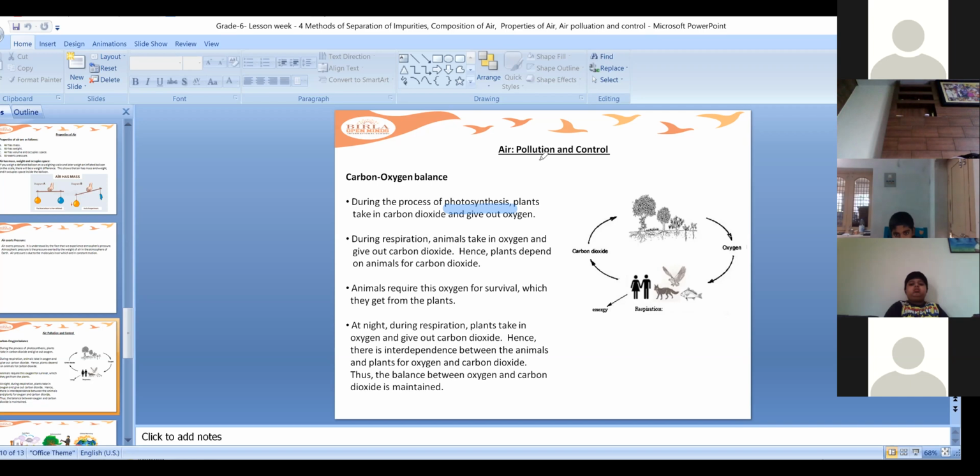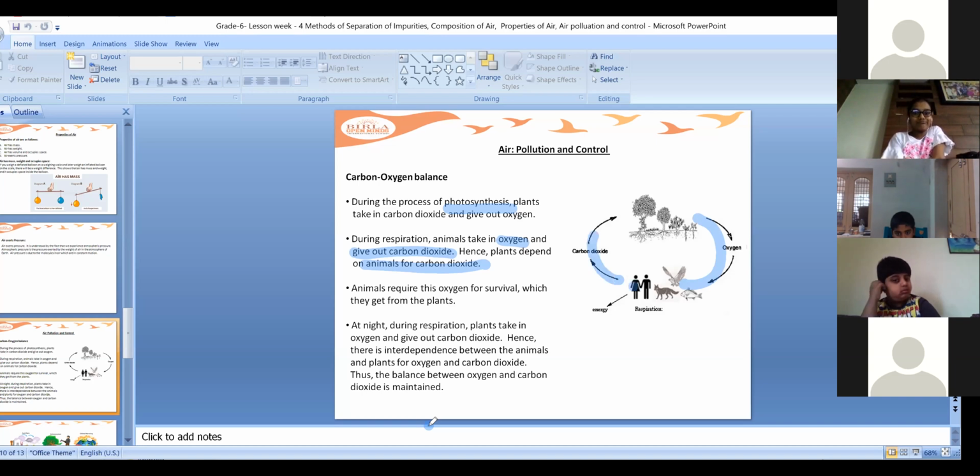During respiration, what do animals do? Even animals, they also take in oxygen, like human beings, isn't it? Like human beings, they also take in oxygen and they give out carbon dioxide. Hence, plants depend on animals, on human beings, for carbon dioxide.